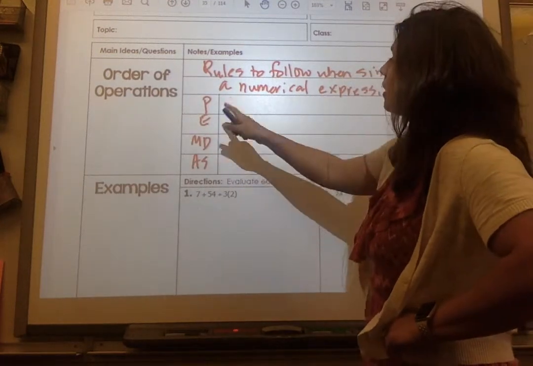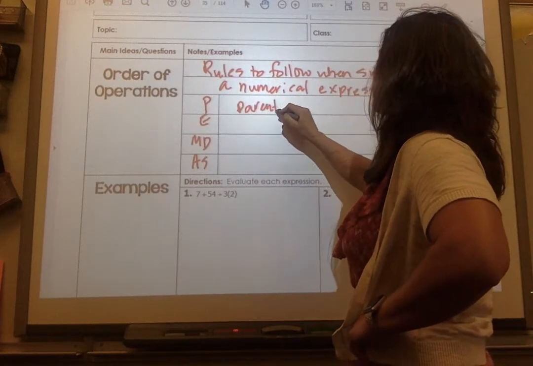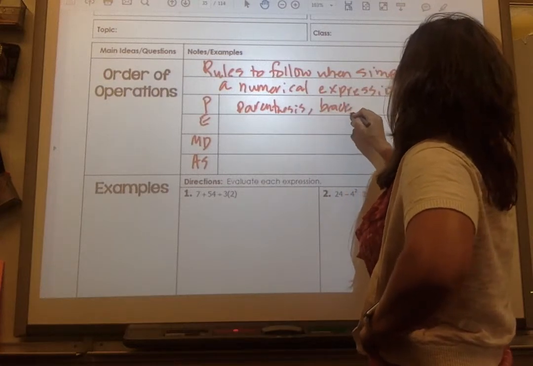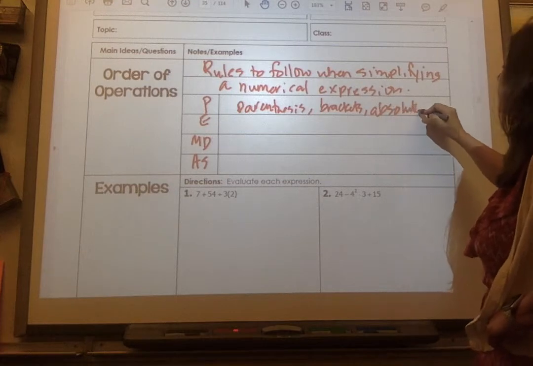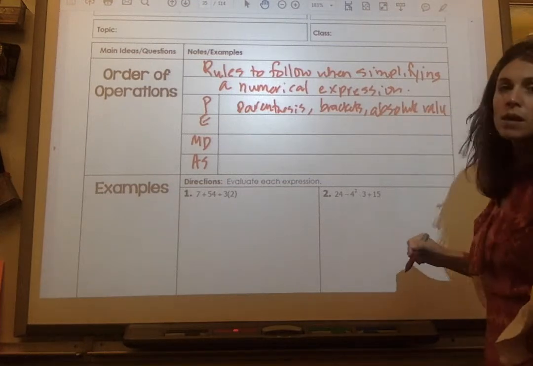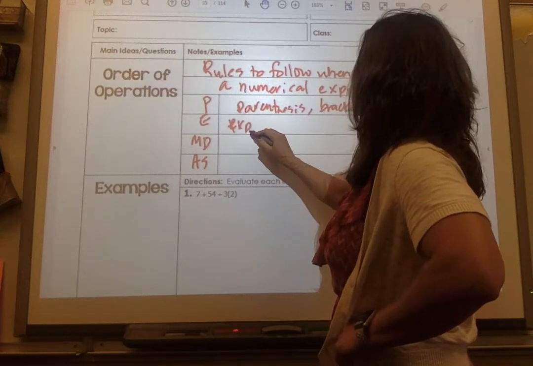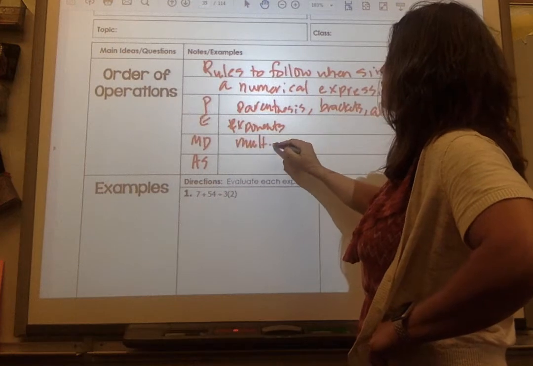What I want you to understand about P, while it does stand for parentheses, it also stands for brackets and absolute value. E stands for exponents. And of course, M and D stand for multiplication and division.